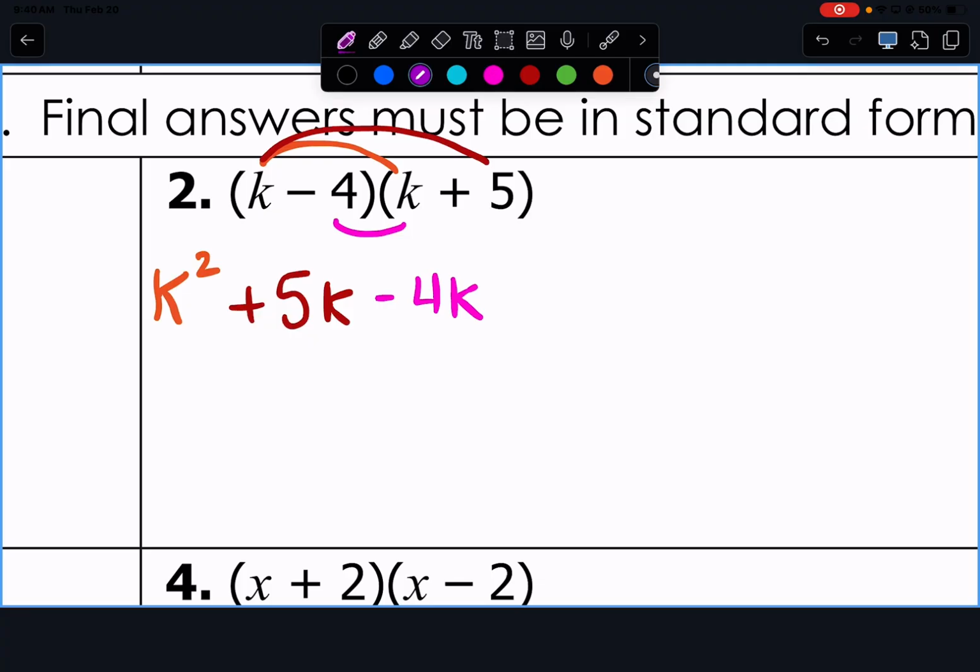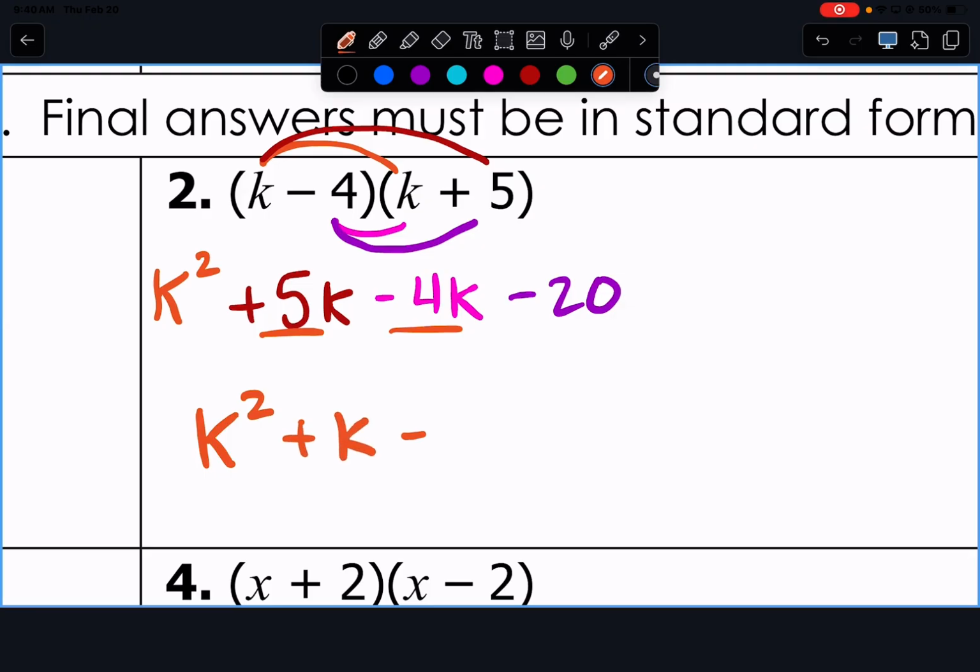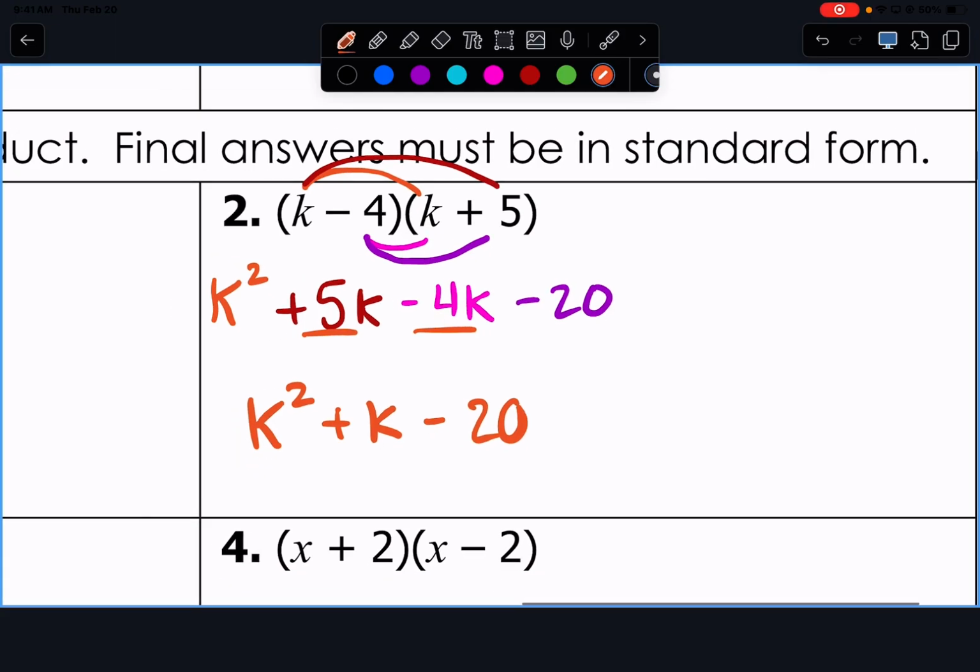And then negative 4 times 5 is negative 20. I can combine what terms? 5k and negative 4k. So we get k squared plus k minus 20. Perfect. Doesn't matter if we had a 1 in front of that k. If you had a 1 in front of that k, it's still correct because it is 1k. It's just, is that 1 necessary?